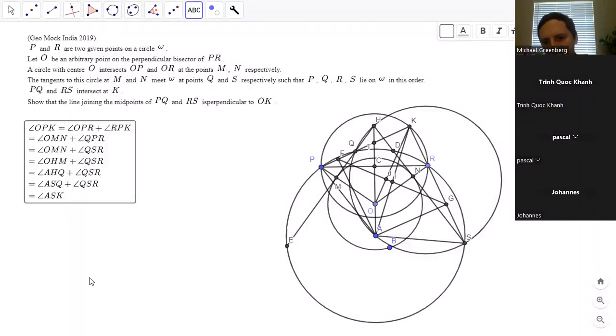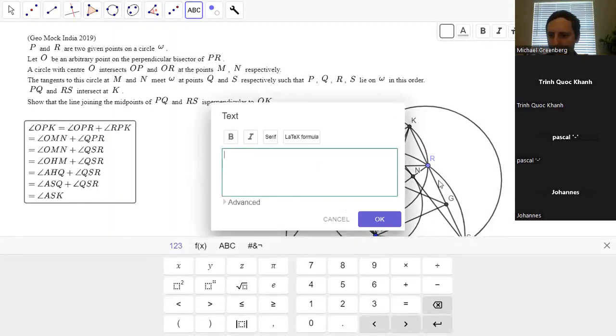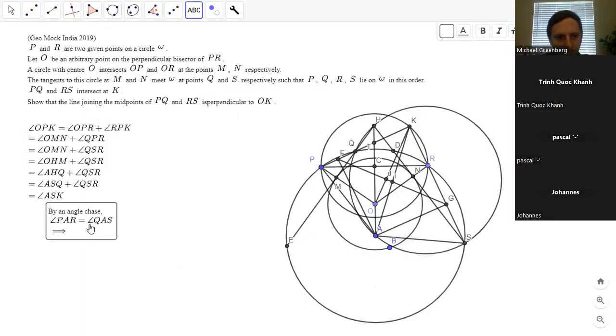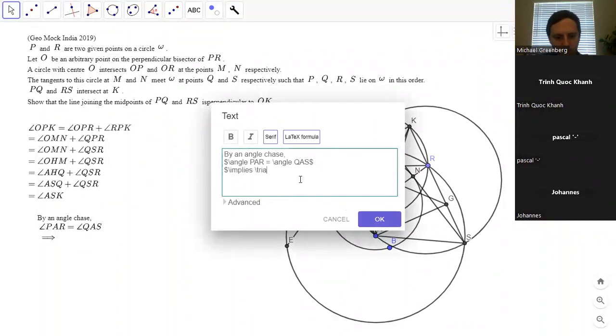Okay. So by an angle chase, POR equals QAS, and that means that triangles POR and QAS are similar, since both are isosceles.